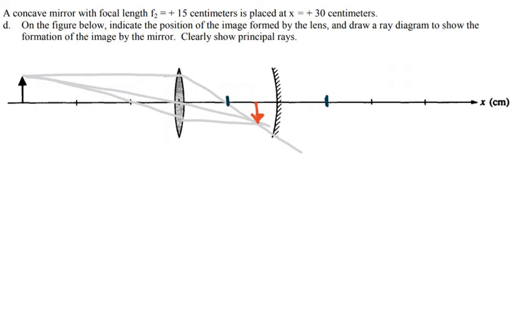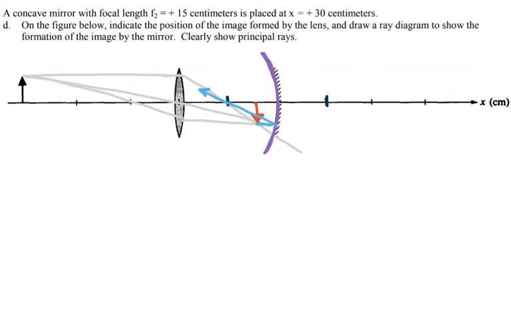At first the ray is parallel to the axis, and then it has to go through the focal point. The focal point for this shape is on the same side where the image is right now, so the ray would be reflected that way.